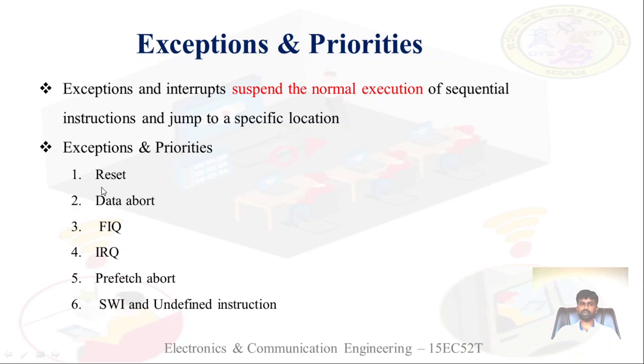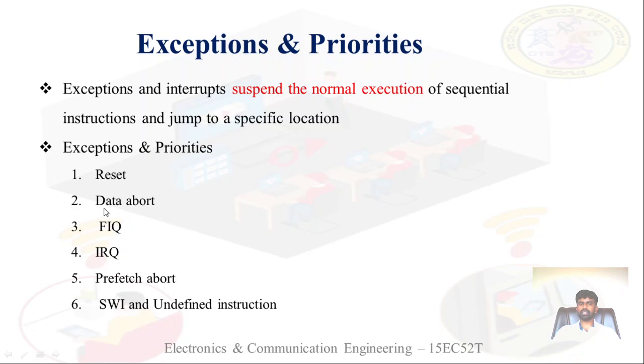There are different exceptions, namely reset exception, data abort, fast interrupt request, prefetch abort, SWI, and undefined instruction. In that, the highest priority goes to reset, then data abort, then FIQ, and so on. For example, if at a particular time data abort and FIQ requests both happen, the processor prefers data abort.